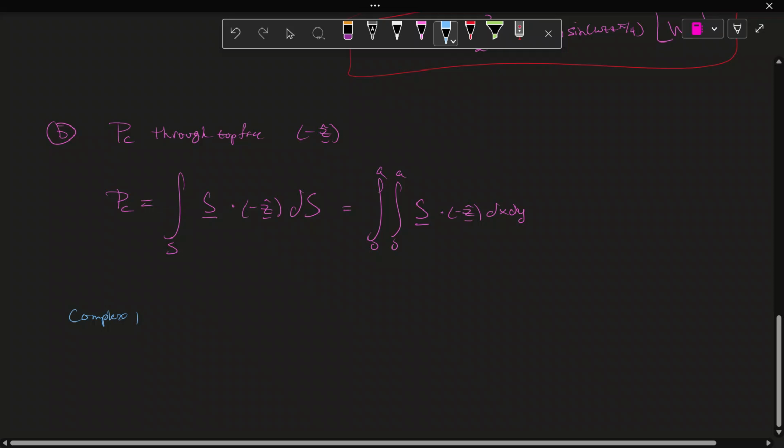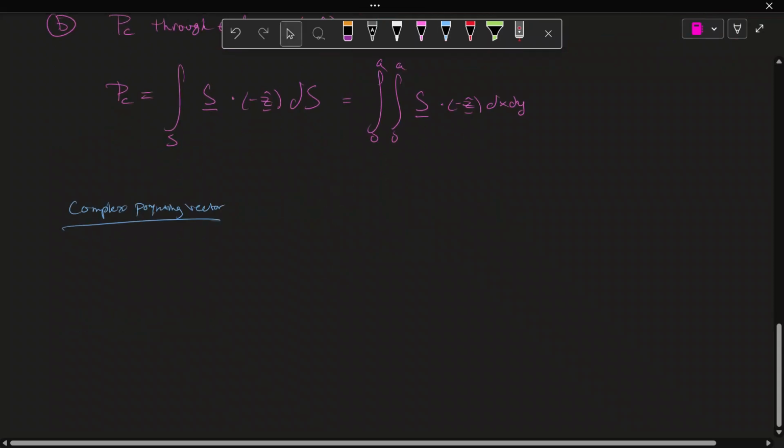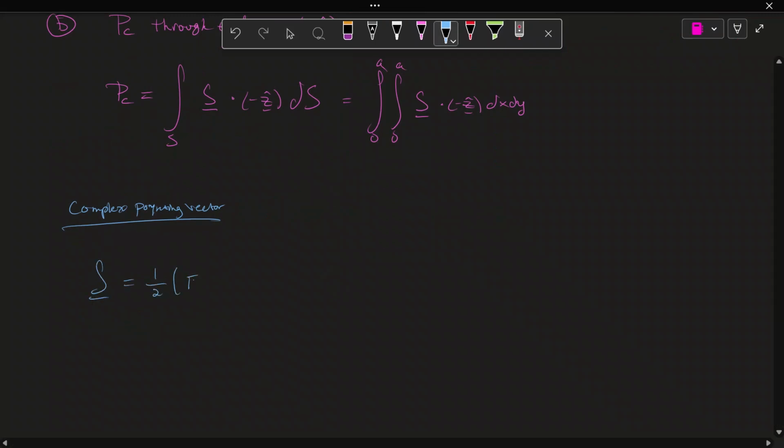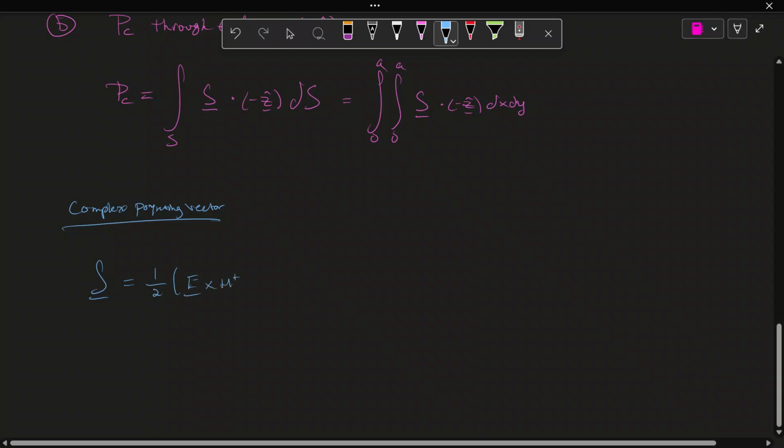So what is that? We've been using this all semester, or I guess for the first 2 homeworks. This is equal to 1/2 E cross H conjugate. Now remember what I said before. Whenever we're in the complex plane and we're using complex power, we have to use conjugates.